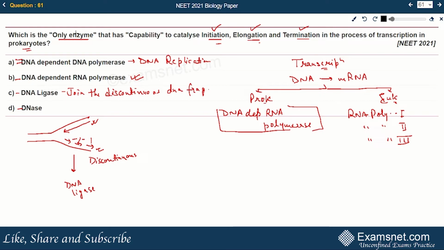Now the last one is DNase. What is DNase? It is basically an enzyme that helps in degrading the DNA. If we have to break down the DNA, then we have to use DNase, so it degrades the DNA. Hope it is clear to you.